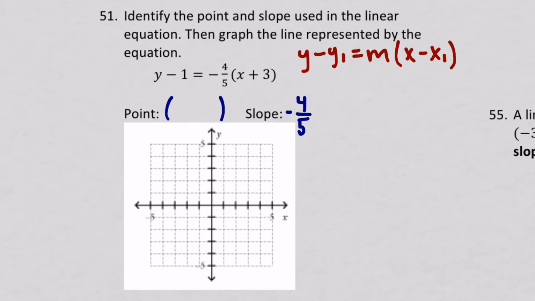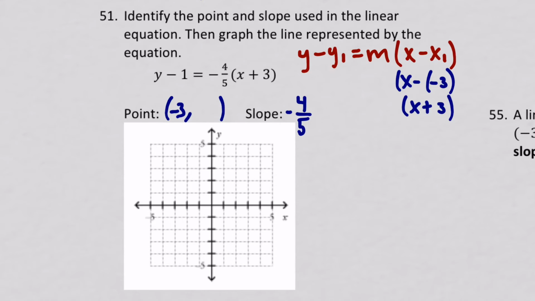Instead of x minus x sub 1, it says x plus 3. That's because the coordinate was negative 3, so it was x minus negative 3, which became x plus 3. That tells you that x sub 1 was negative 3, not positive 3.